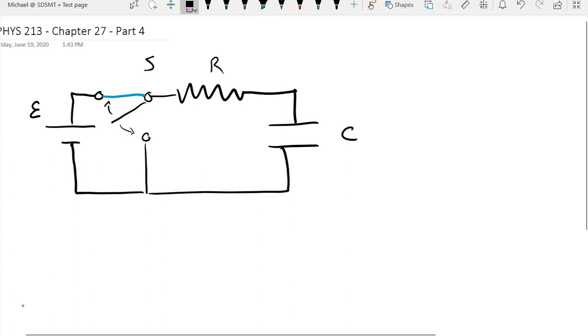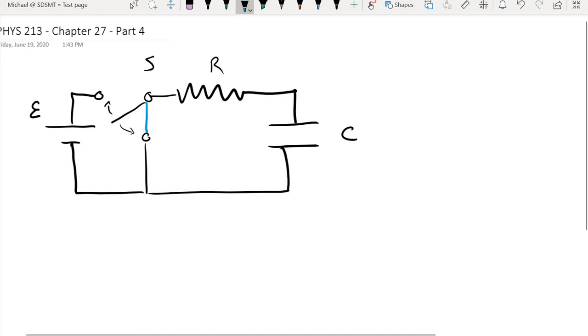Or we can flip the switch down, in which case the only closed path would be what is made of the resistor and the capacitor, and the bridge between the circuit and the battery would remain open.